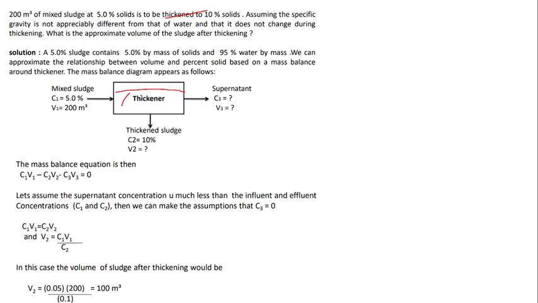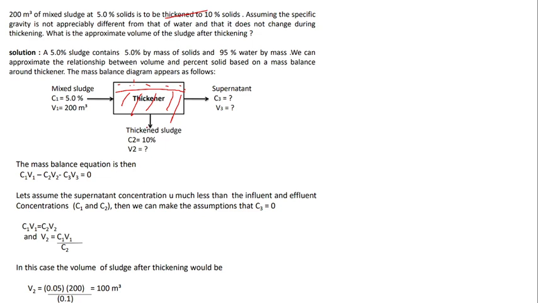The sludge will be deposited at the bottom and collected, and the clear water zone here is called the supernatant. The concentration in the supernatant is C3, the volume of the supernatant is taken as V3, and the thickened sludge concentration is 10%. This is the concentration of solid in the thickened sludge, and it is given in the question itself.